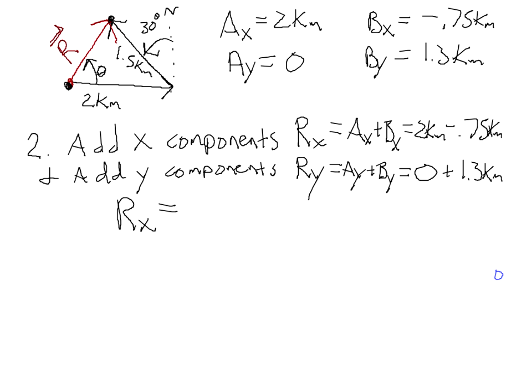That means Rx is 1.25 kilometers and Ry is 1.3 kilometers. We're finished with step 2. Step 2 is fairly easy. We're almost done. There's only one more step.